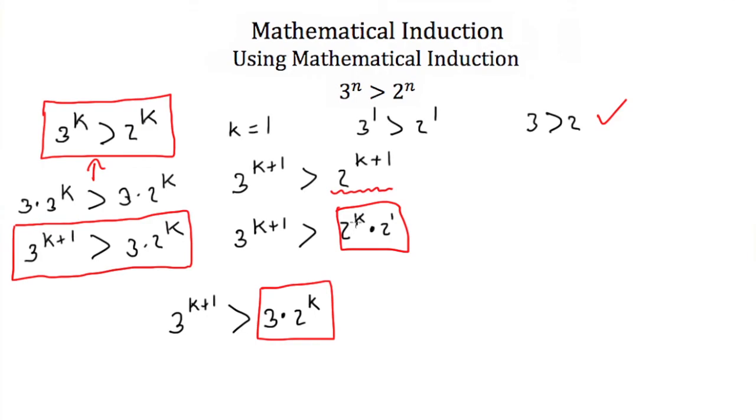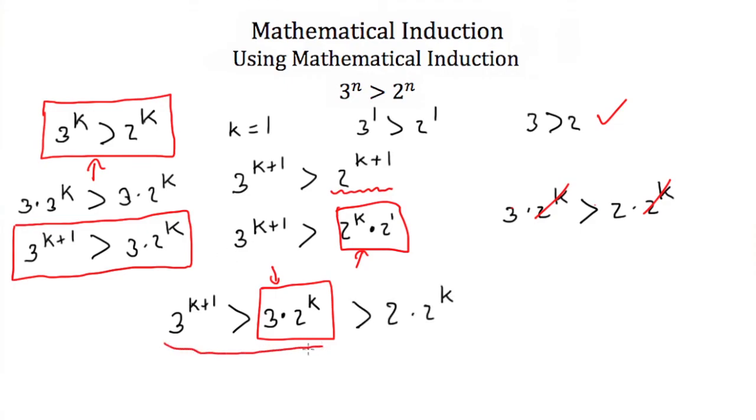K is always a positive integer. Well, 3 times 2 to the k power has to be greater than 2 times 2 to the k power. If I divide both sides of this by 2 to the k power, they'll cancel and 3 is greater than 2. So I know that this has to be greater than this.